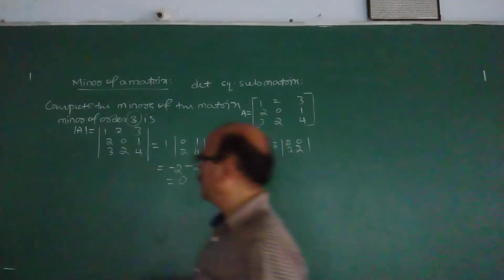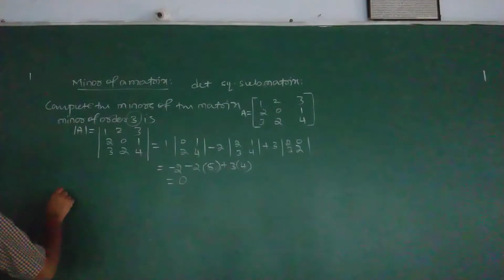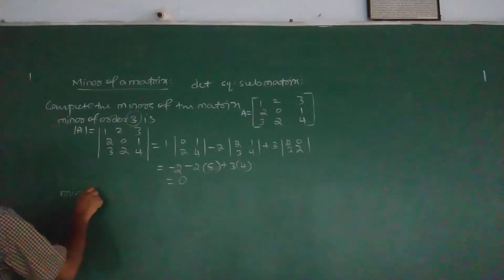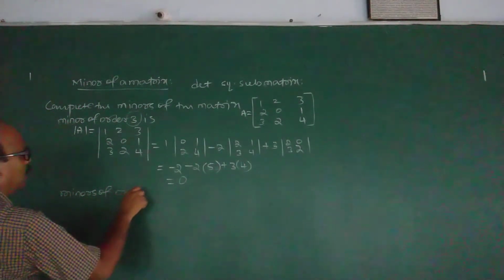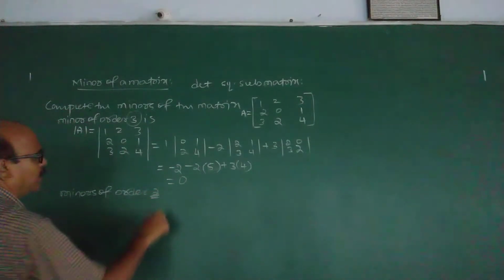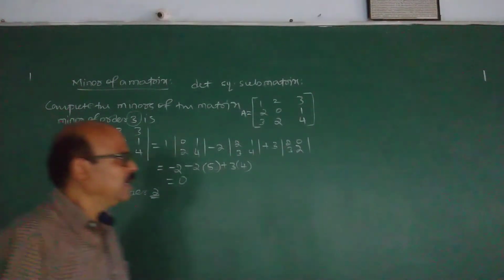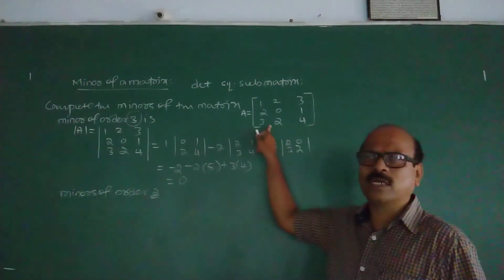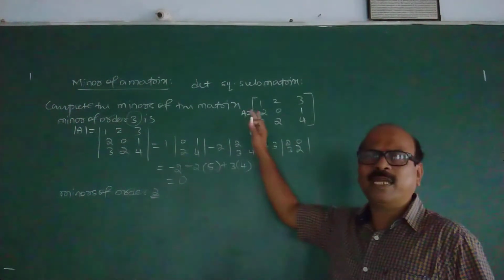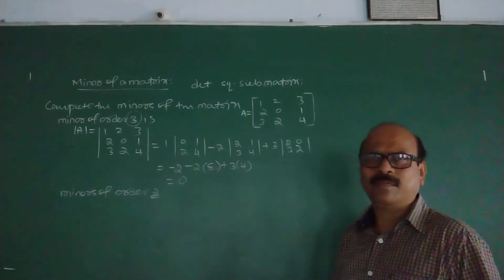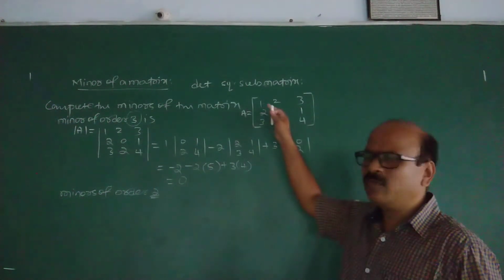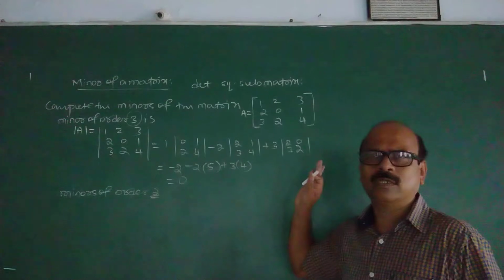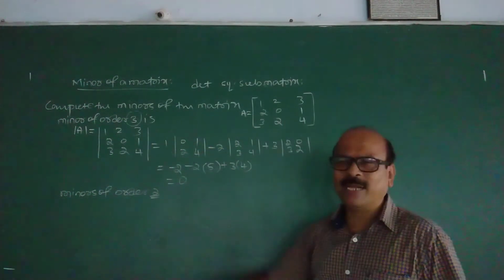Now consider minors of order 2. In this case, we have many minors of order 2 here. How many? 12 minors of order 2 are there. And there is no hard and fast rule to write the minors. How do you write the minors?